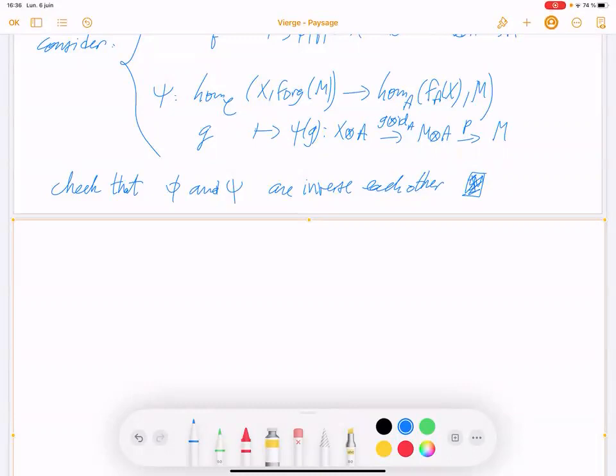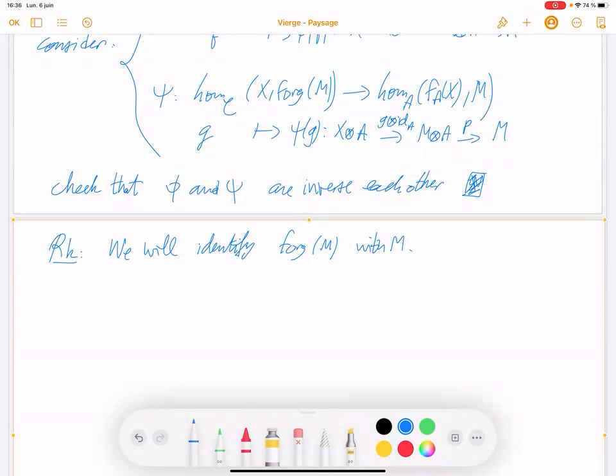But we will identify these two notations, just to simplify the notation.